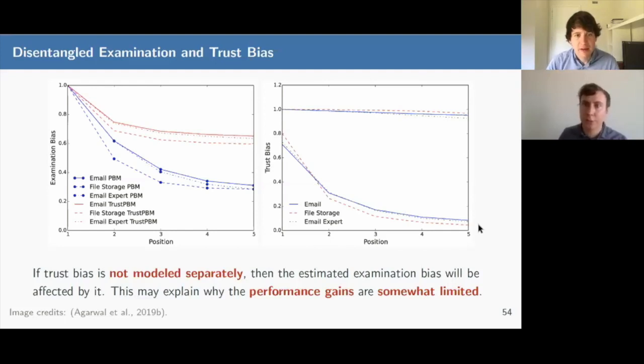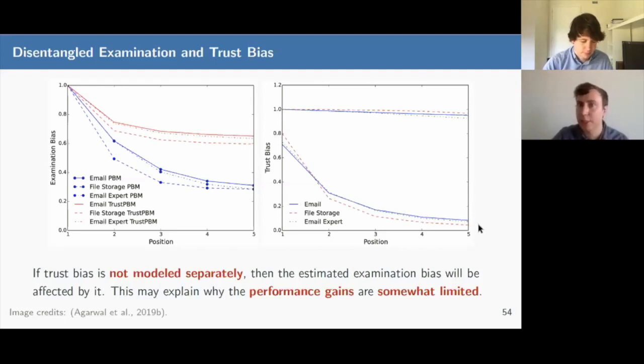All right. So for the first plot where we see the position bias, the trust bias model still thinks we're examining more at later ranks. Yes. But because we are in this trust bias setting, these documents get clicked less when they're irrelevant at these lower ranks.